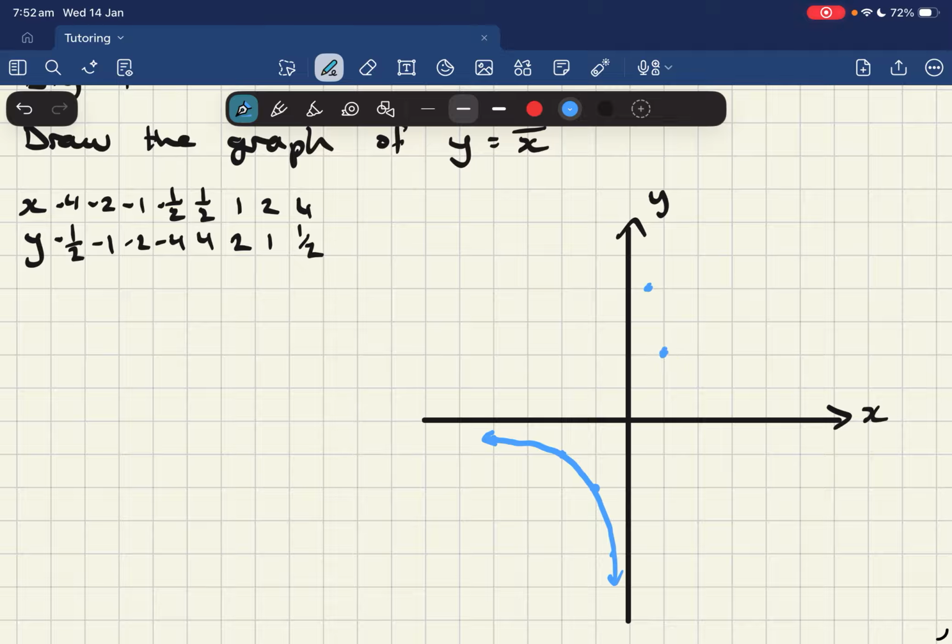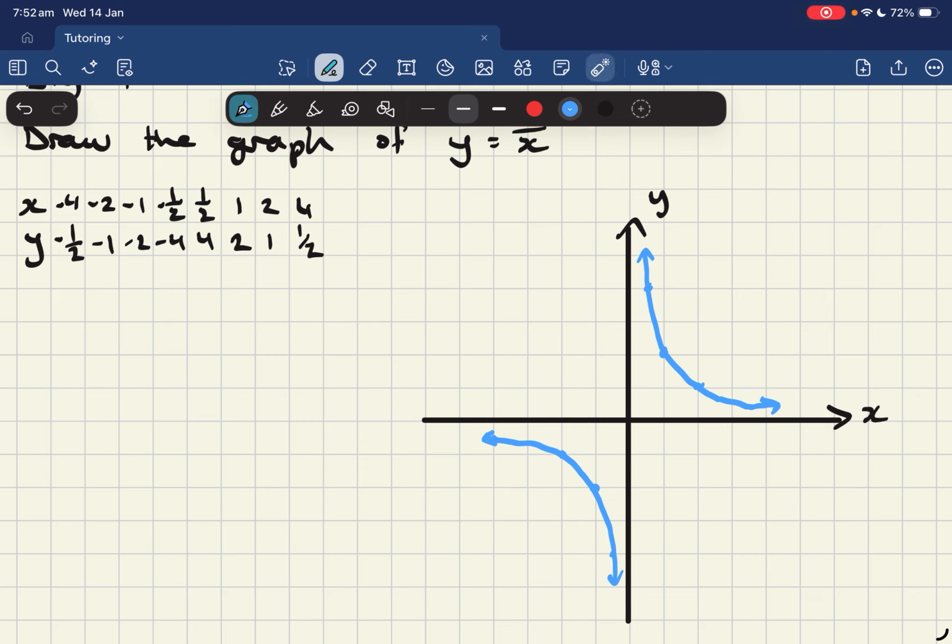When x is 2, y is 1. And when x is 4, y is 1/2. So now we can join up these, and we get this one. And we are going to continue to extend the graph here.